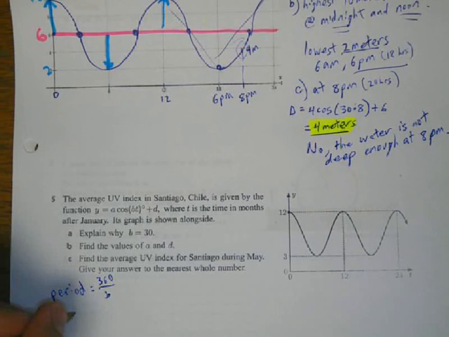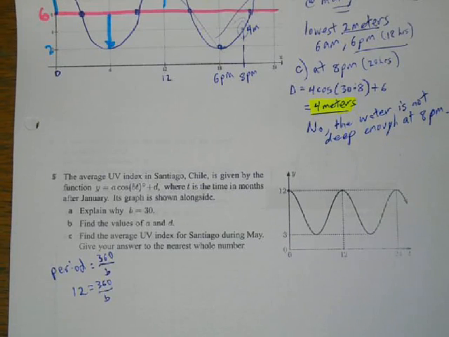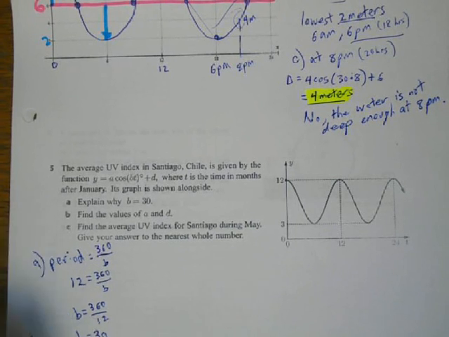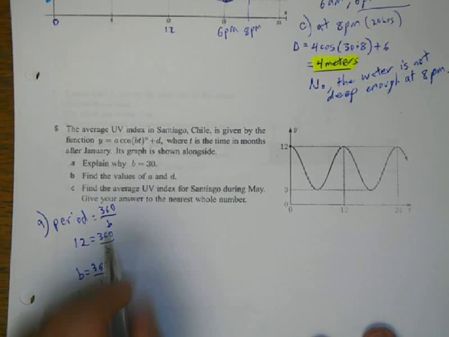So I can say 12 equals 360 divided by b, and I could switch this equation around, and I get b equals 360 divided by 12, and so b equals 30.